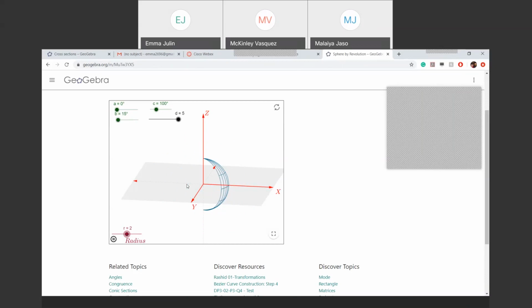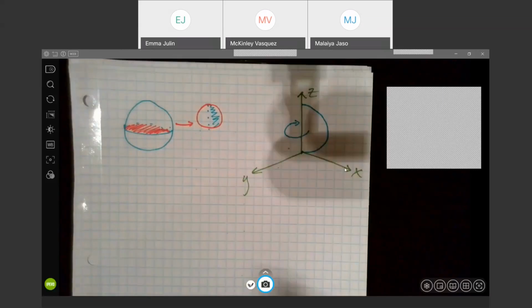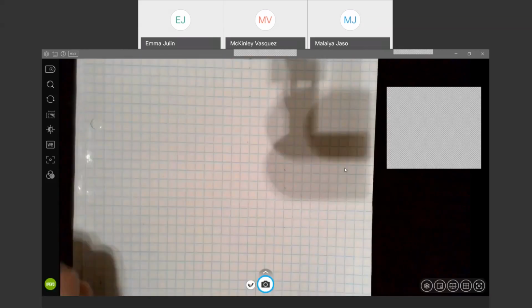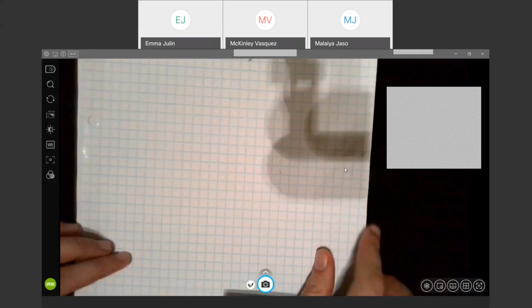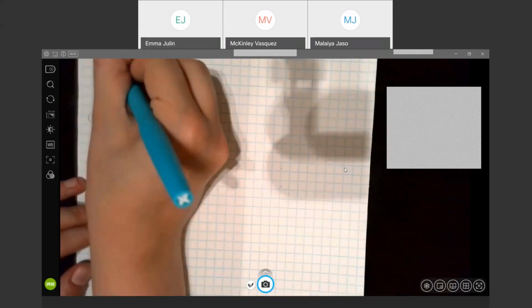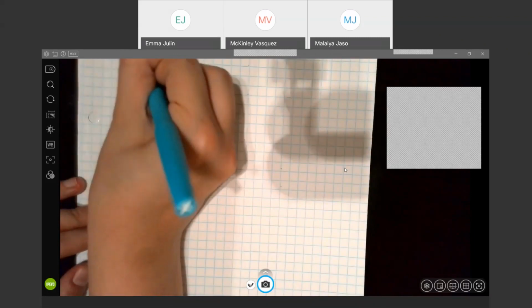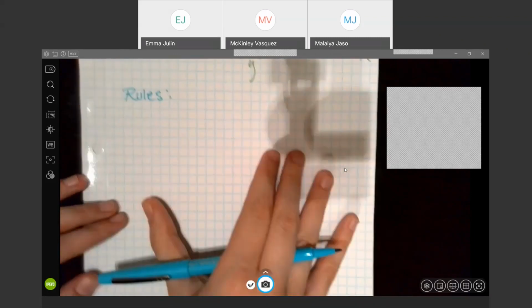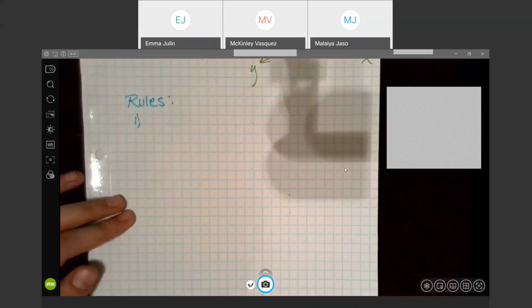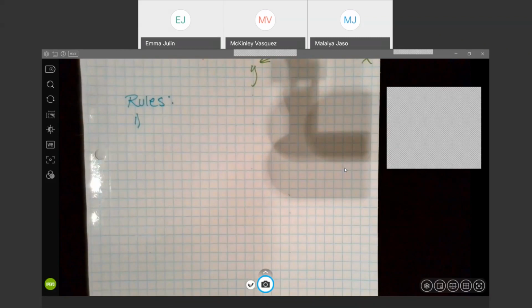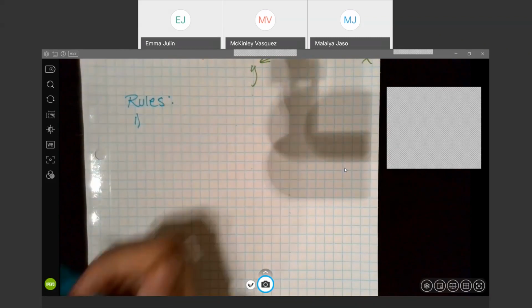Let's create some rules for ourselves before we end this. So some final rules for ourselves to keep in mind as we go through revolutions. Rules. First off, there's really only 3 3D images you can work with, and it's dependent on the base being circular or if every cross-section is circular.